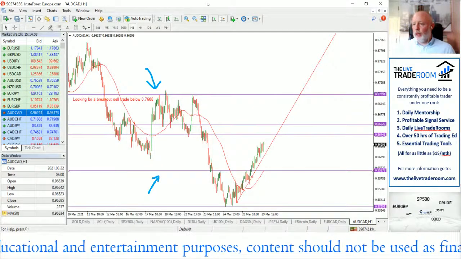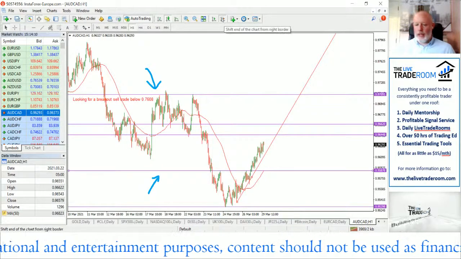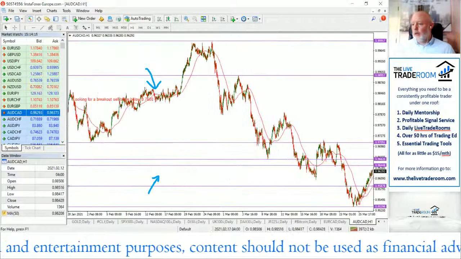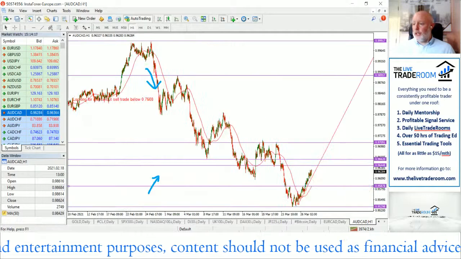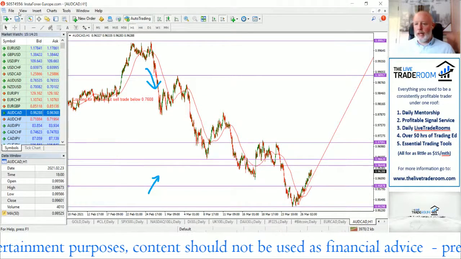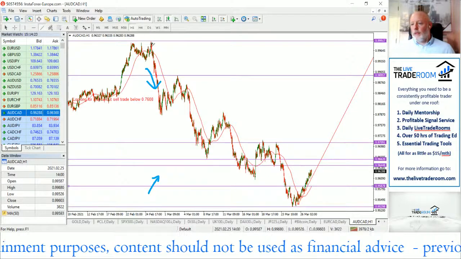Top left to bottom right. Okay, to the downside, you mean? So there's a few trend lines you can put in here. Like that's a more sort of short term one for this trade.